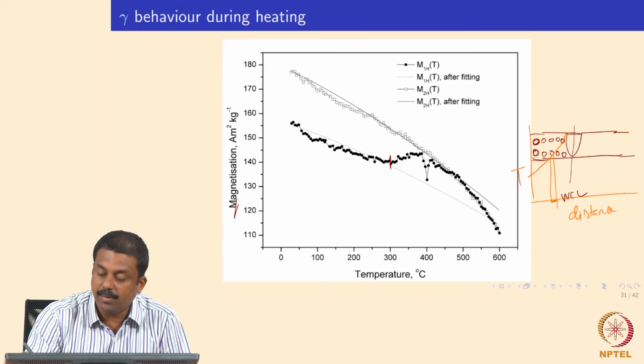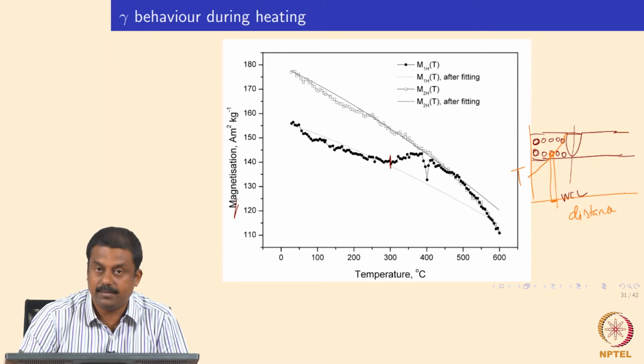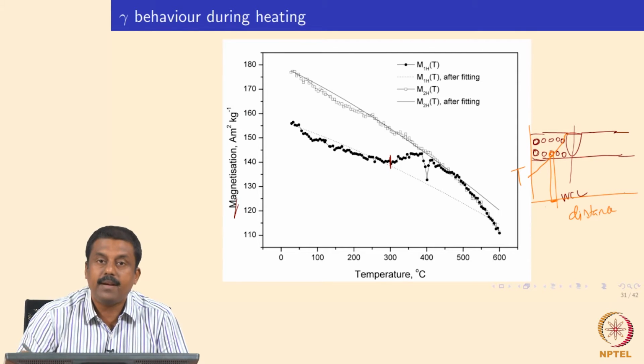If the sheet thickness is, say, 3 millimeter, and you take a 1 mm diameter sample from the weld zone, along that 1 mm you may have a variation of 100 Kelvin. So, you are averaging the measurements over wide regions.